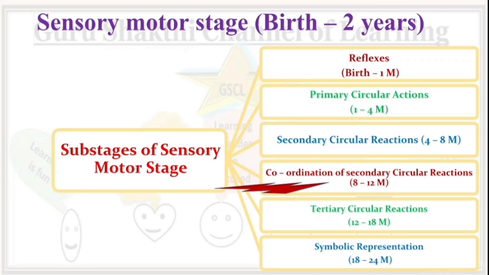It gets the idea about cause and effect relationship and object permanence. That is, an idea that the object continues to exist somewhere else, although right now it is not in front of it.